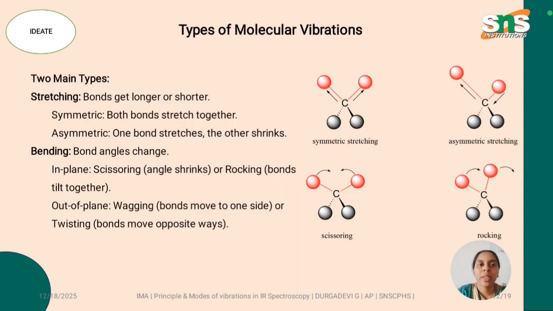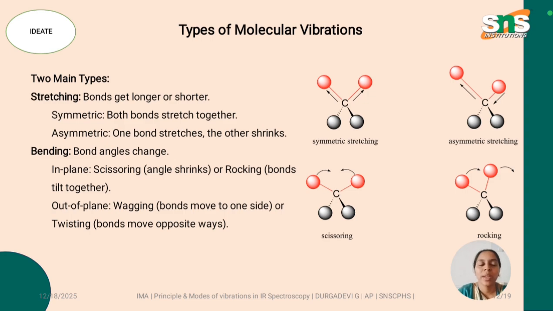We can classify the molecular vibrations into stretching and bending vibrations. The stretching vibrations mean that the bonds will get either longer or shorter together. Stretching vibrations can be classified into symmetric and asymmetric stretch. In symmetric stretch, both the bond lengths will increase or decrease together, and in asymmetric stretch one bond stretches and the other one shrinks.